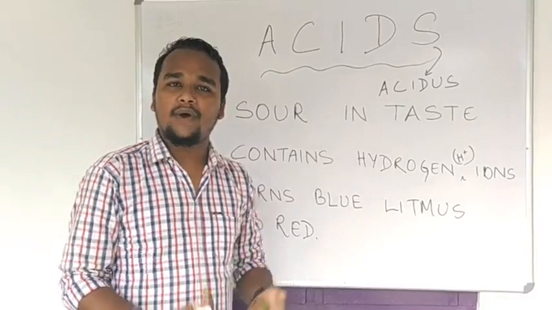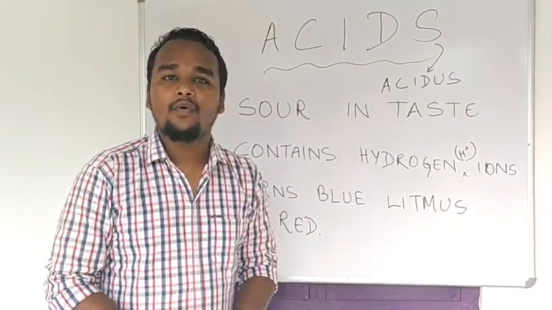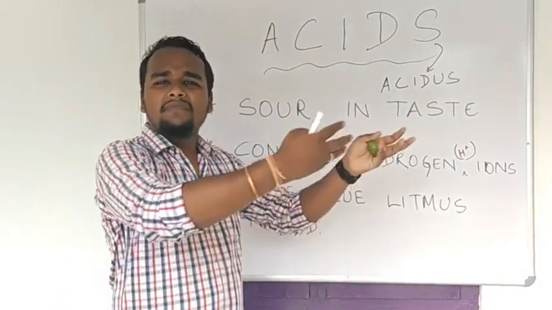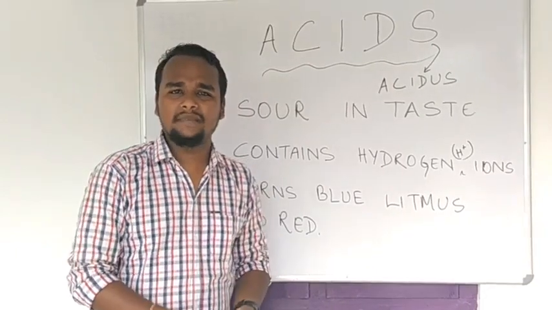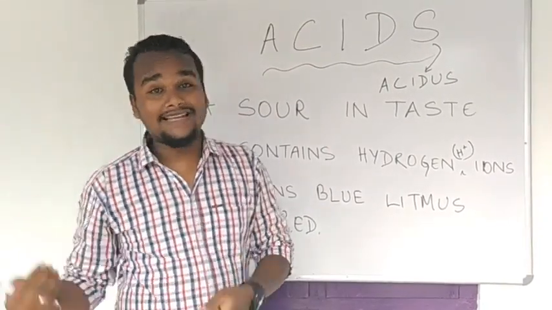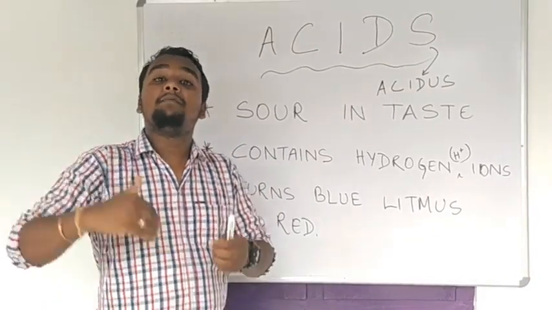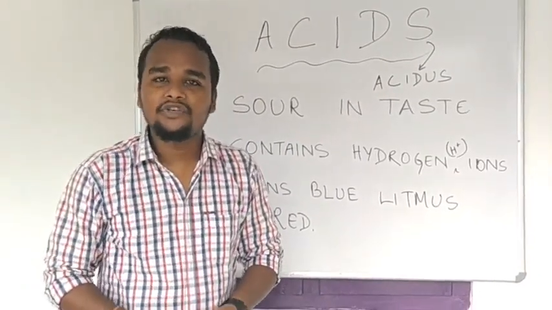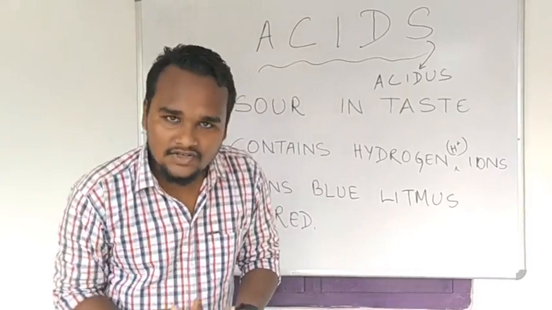Where do weak acids come from? Weak acids come from natural products, that means they are naturally occurring acids. Some acids which are very strong are basically mineral acids, which are obtained from the earth's crust.